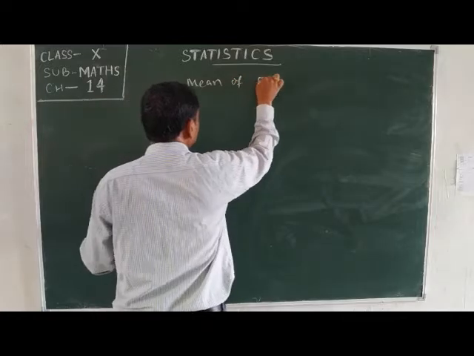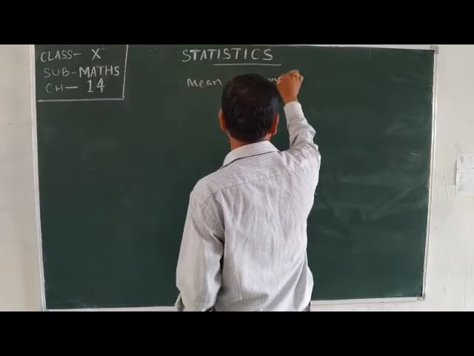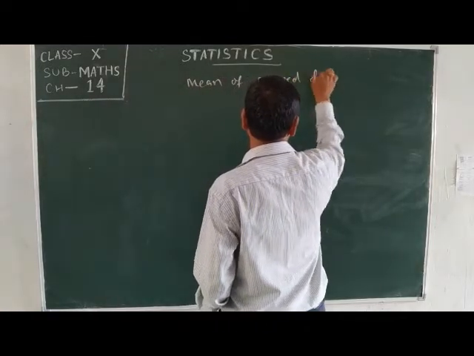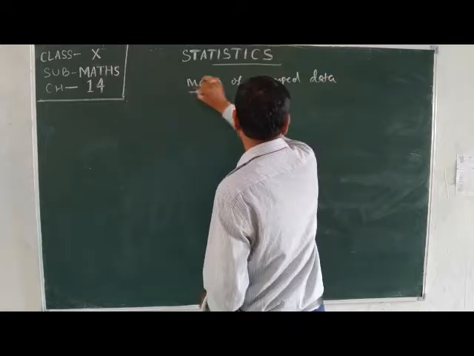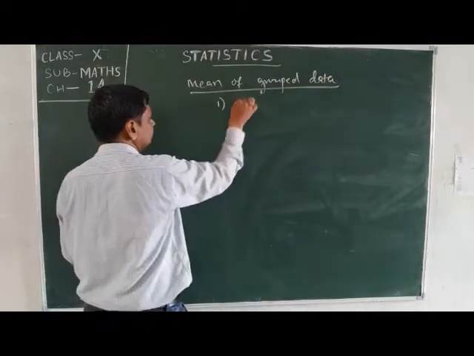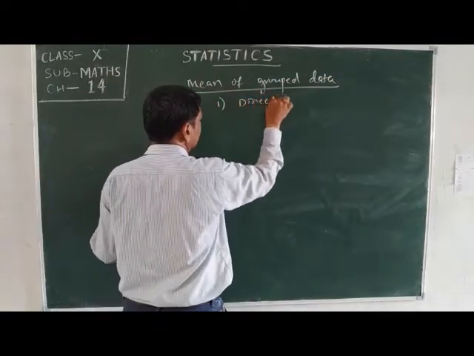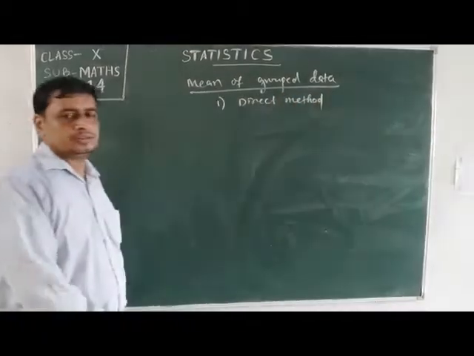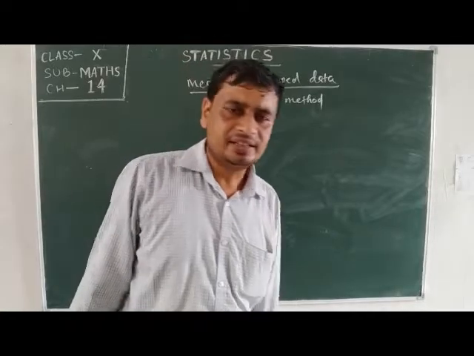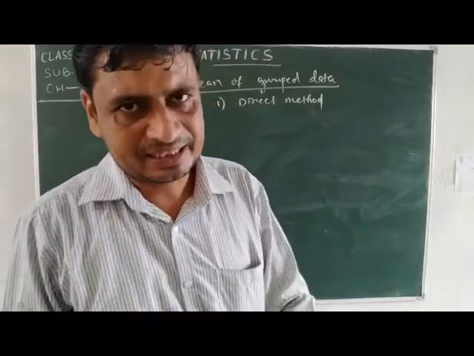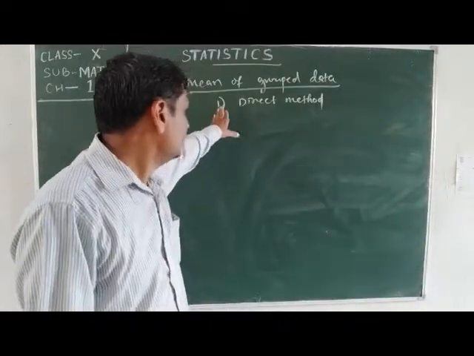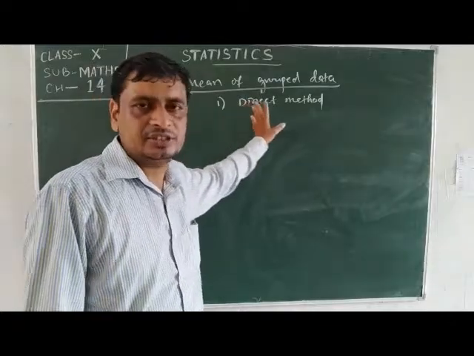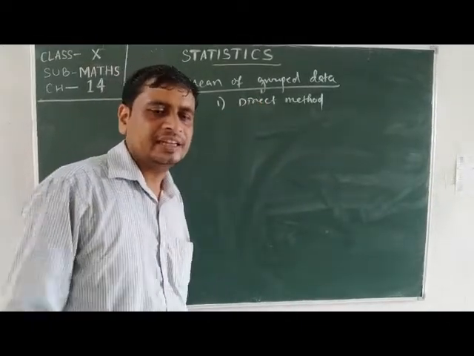Mean of grouped data. First one is the direct method. Second one, assumed mean method. Third one, step deviation method. But here we will discuss the direct method first.